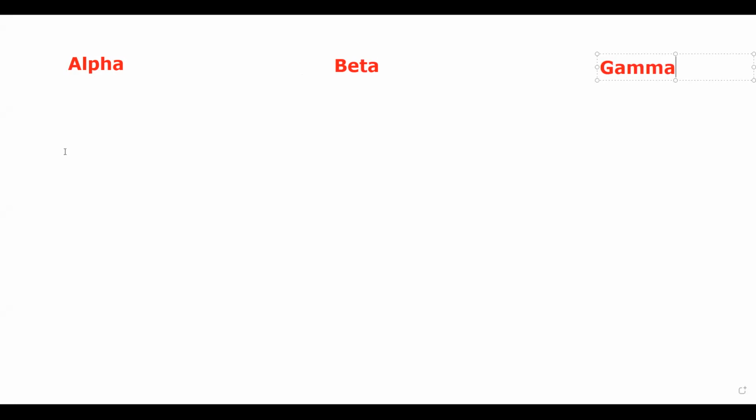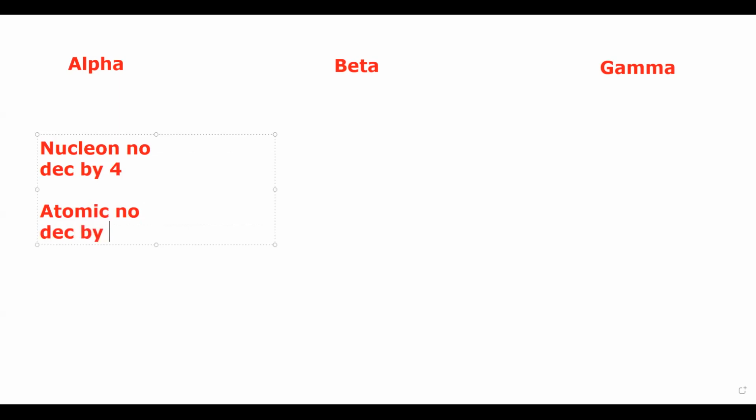So in alpha, what happened? The nucleon number A decreased by 4, and the atomic number or the proton number decreased by 2. Whereas in beta, what happens?